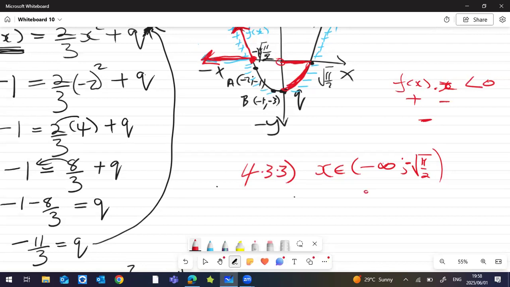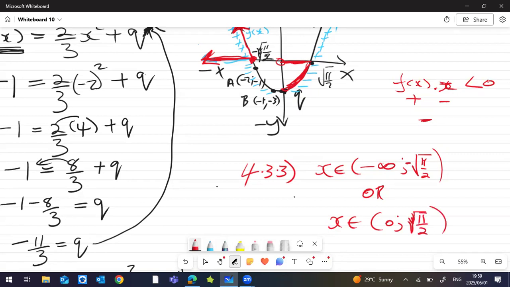So another solution will be x an element of 0 to the positive square root of 11 over 2.